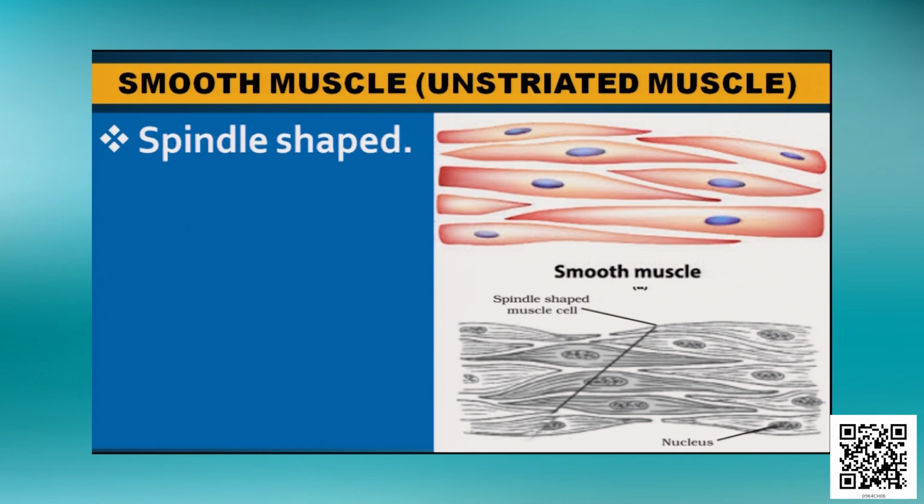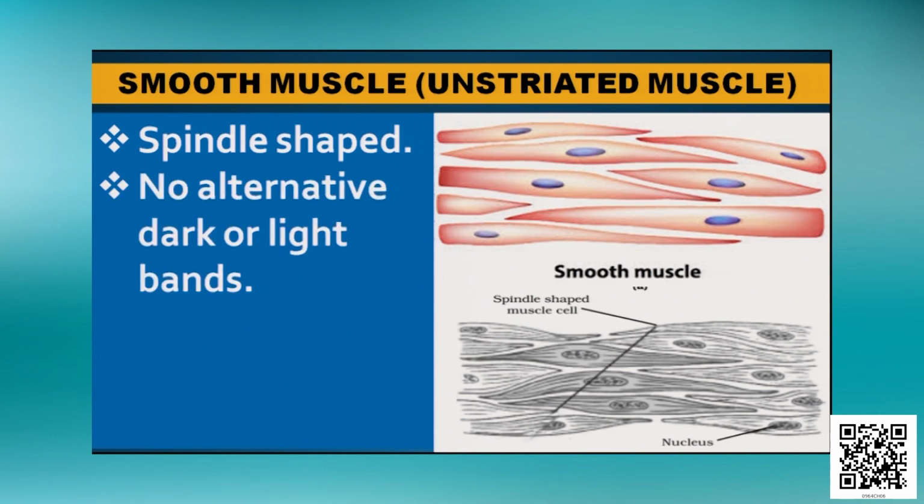If the middle portion is broad and both the ends are tapering, then the shape is called as spindle shaped. Okay. You cannot see any alternative dark and light band. So, definitely it is unstriated muscle. Okay. The third, it is uninucleated, clearly visible, elongated nucleus in each cell.